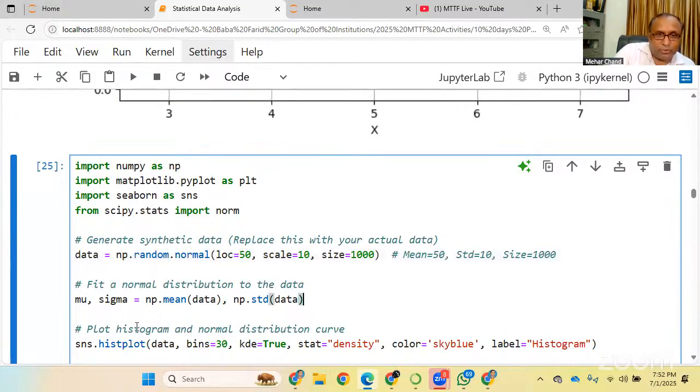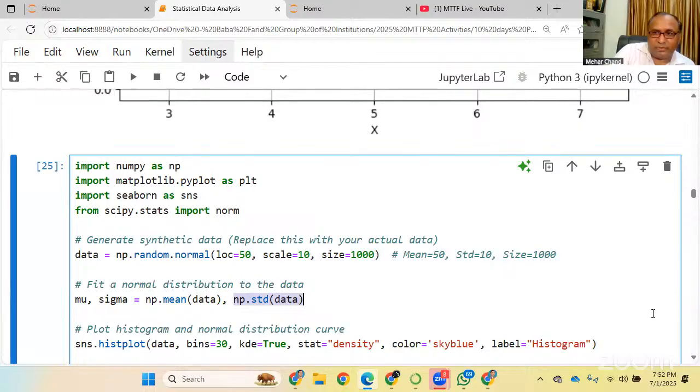On the left hand side you can see two variables, mu and sigma, and on the right hand side also, this is for mu and this is for sigma: np.mean(data) and np.std(data). From this we can easily get the values of mu and sigma and store them in these two symbols.